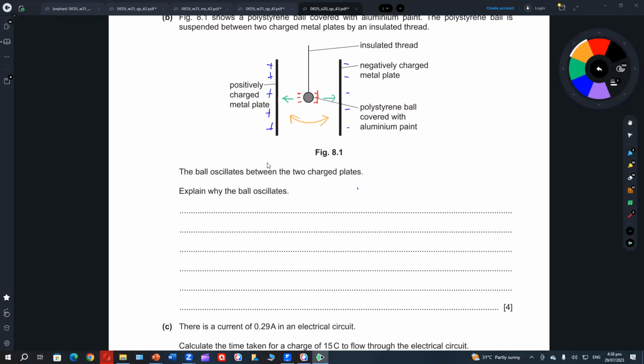So copy this, update this diagram in your book.